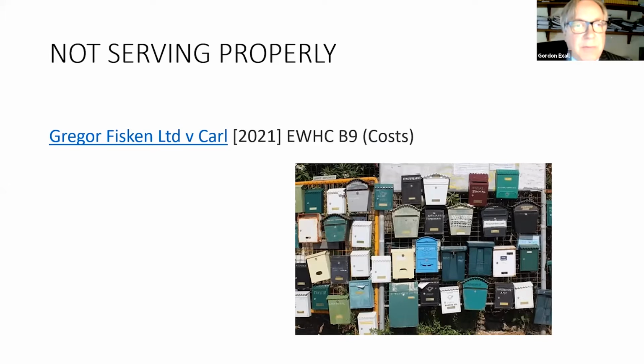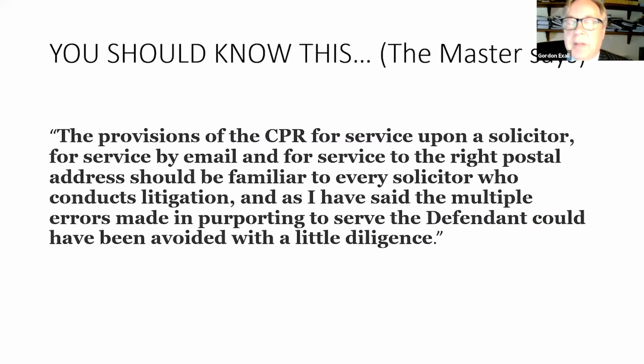And the case called Grekor v Fisken, which was a few weeks ago, is the case that really gave rise to the webinar today. The master said this: the provisions of the CPR for service upon a solicitor, for service by email and for service to the right postal address should be familiar to every solicitor who conducts litigation. And the multiple errors made in purporting to serve the defendant in this case could have been avoided with a little diligence. And one of the main aims today is to give you the knowledge and to have that kind of little diligence.